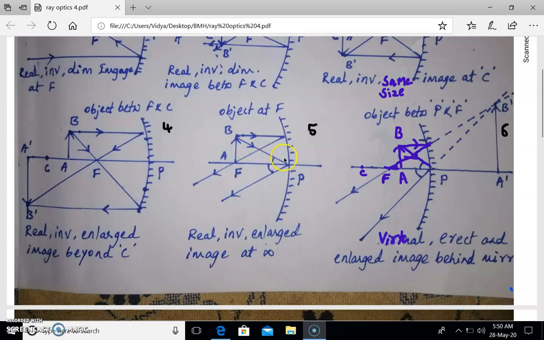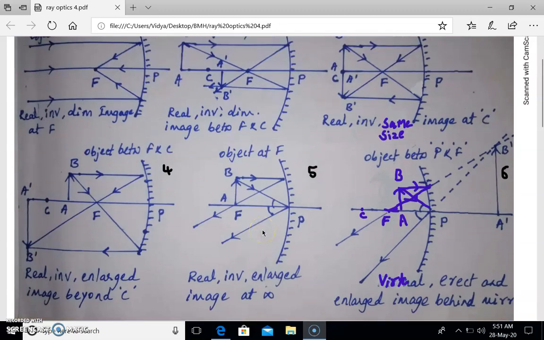A ray incident at P at an angle of incidence, say I, then after reflection the light must travel in that direction such that the angle of reflection must be R, I equals R. If I is 30 degrees, R is also 30 degrees. So both the reflected rays run parallel to each other, they meet at infinity. The nature of the image formed in this case is a real, inverted, enlarged image formed at infinity.